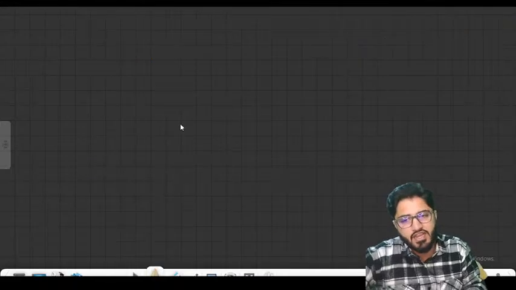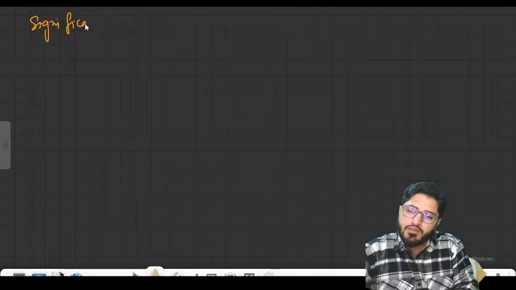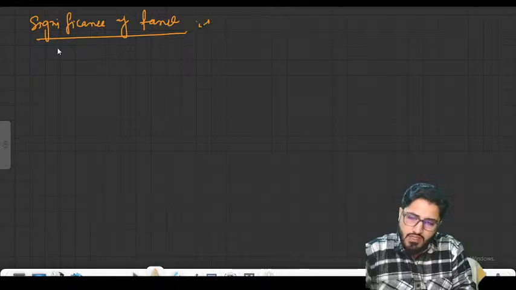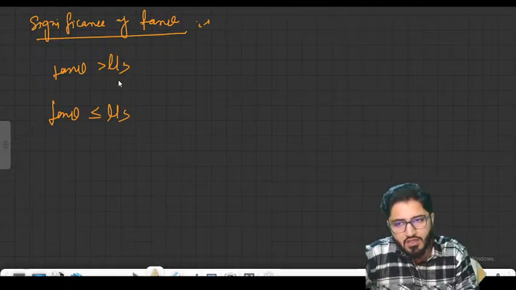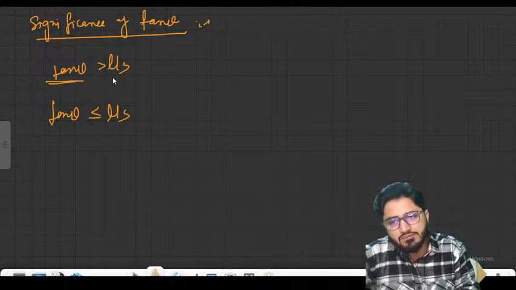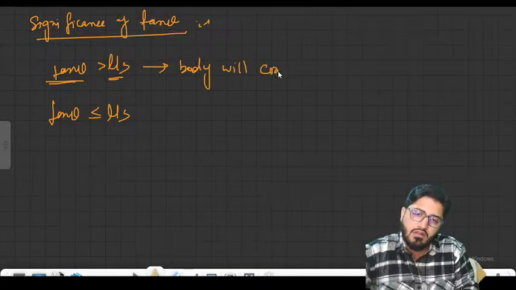So the significance of tan theta, angle of repose. If my tan theta is more than mu s, your body will come down automatically. Body will come down on its own.